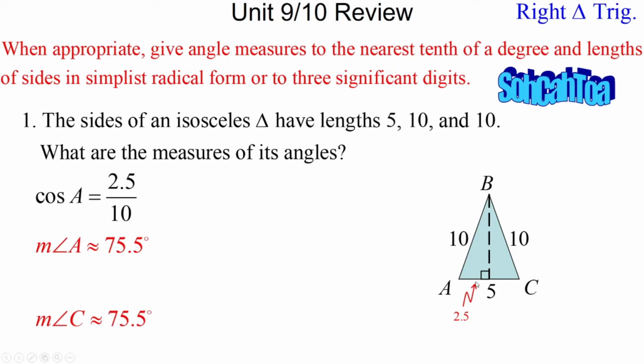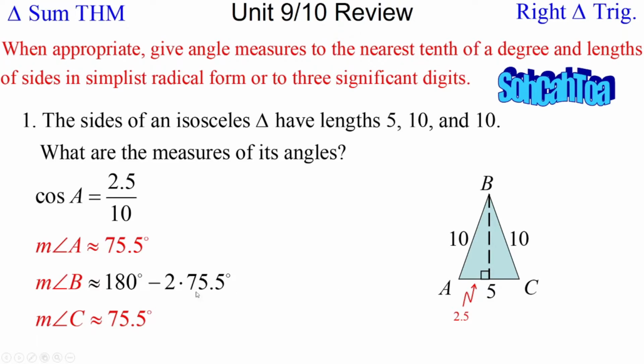And then by the triangle sum theorem, you also know the measure of angle B up there. So the measure of angle B is approximately, by our old triangle sum theorem, what do the 3 angles of any triangle have to add up to? 180 degrees. So I'm just going to go 180 minus the 2 75.5 degree angles.